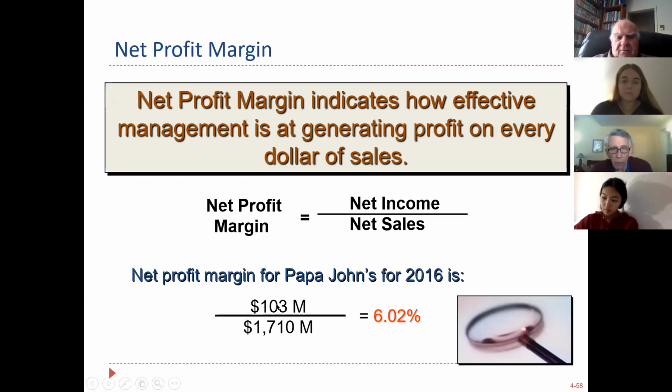Papa John's had a profit of 103 million on sales of 1,710,000. 103 divided by 1710 equals 6.02% profit. Papa John's earned 6.02%. Another way to say this is for every dollar of sales, Papa John's generates 6 cents of profit. You think that's a good profit?